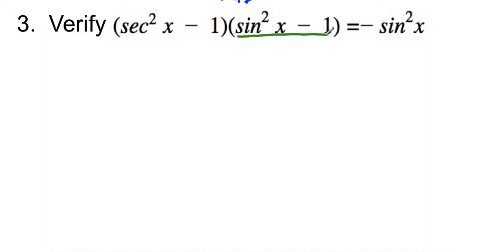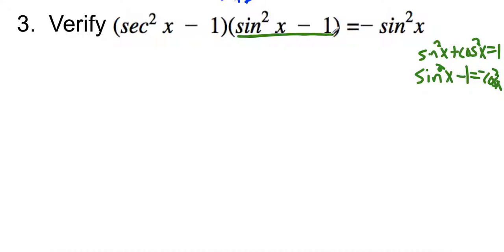One of my Pythagorean identities says that sine squared plus cosine squared equals 1. Now I have sine squared minus 1, so if I pull the 1 over here and move the cosine over there, yeah, that might work. So I'm going to replace sine squared minus 1 with negative cosine squared.